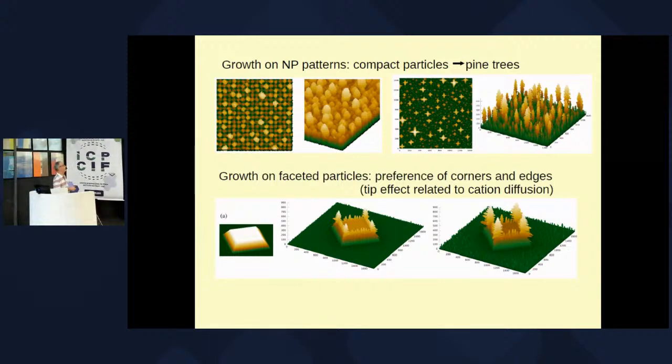Then, if we put a pattern of nanoparticles on a surface, and then the deposition begins. In the beginning of the deposition, there is formation of some pyramidal particles on the nanoparticles, which are representing the gold nanoparticles.